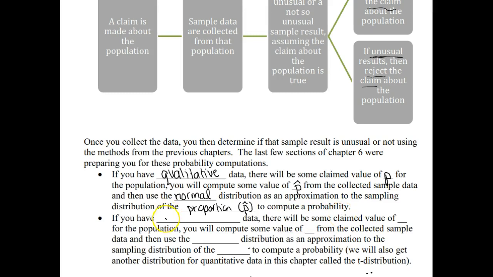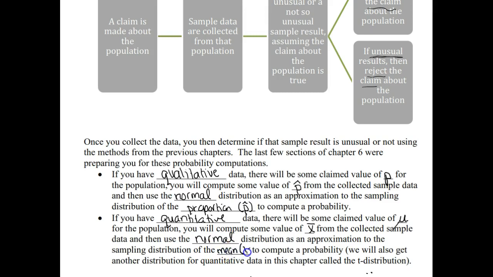But if you have quantitative data, then there will be some claim about the value of mu, the population mean, and we will compute the value of x bar from the collected sample data. Again, if certain conditions check out, we can use the normal distribution as an approximation to the sampling distribution of the mean.